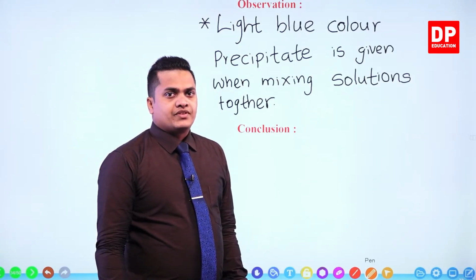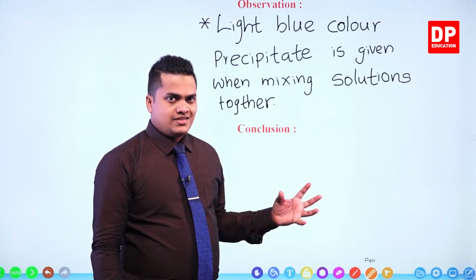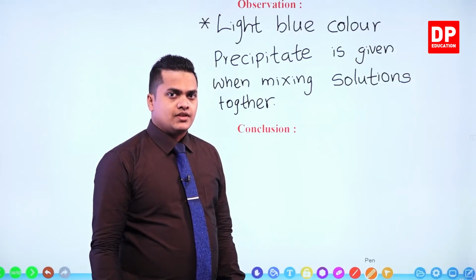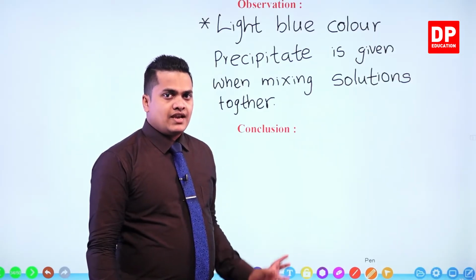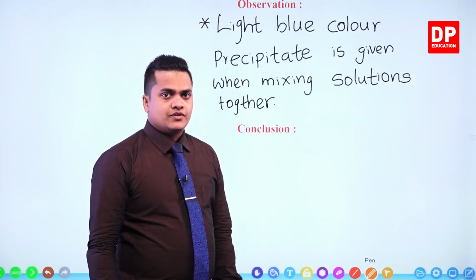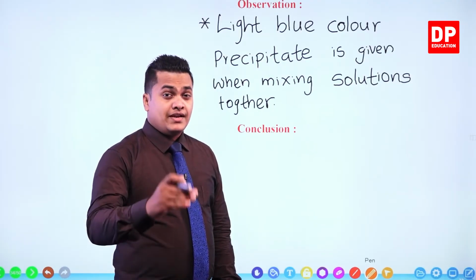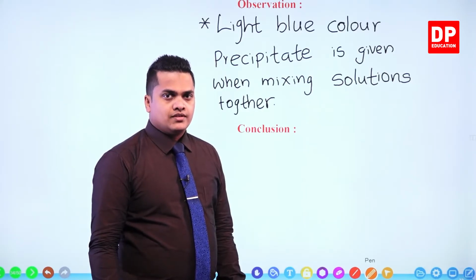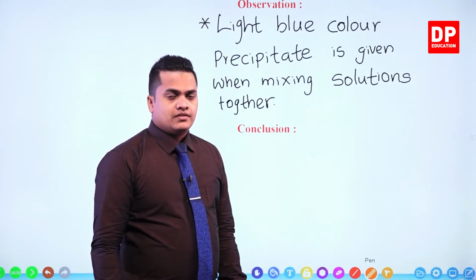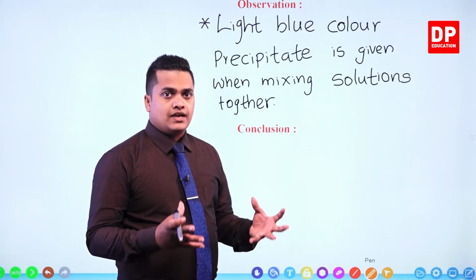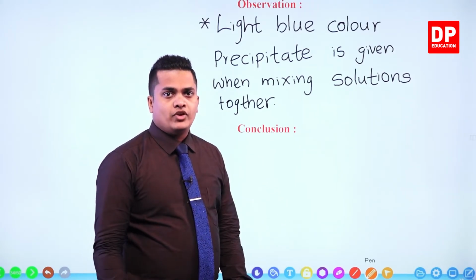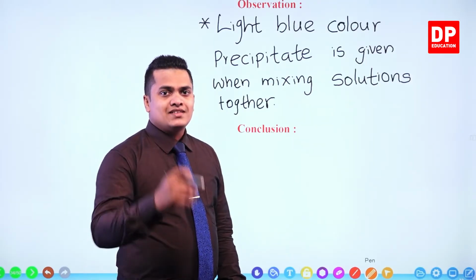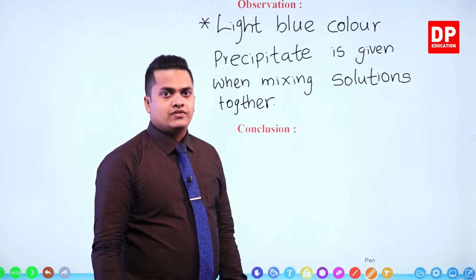So my dear children, within this activity also we can see that new substances have been created from the initial substances. This means the system has undergone a chemical change. If a precipitate occurs within a system when you are mixing two liquids, right, if a solid precipitate comes out of the liquid when you are mixing these things together, then new substances have been created in that kind of situation.